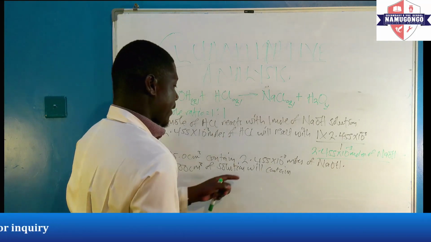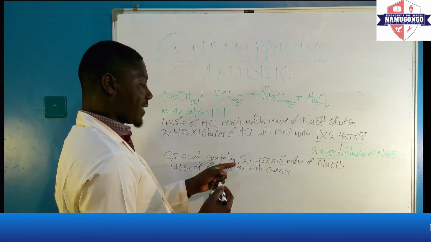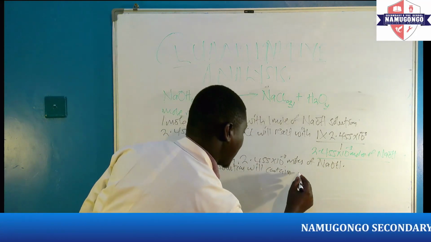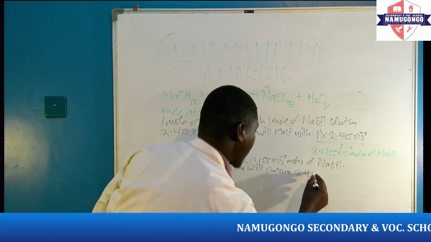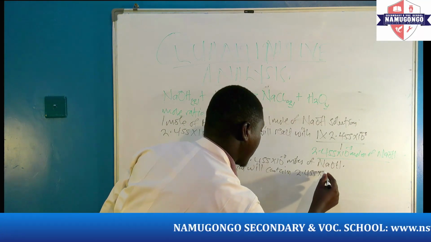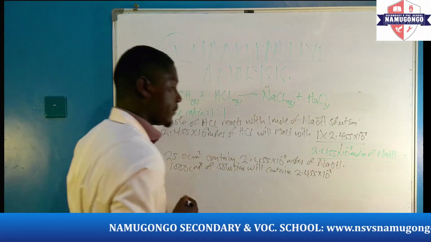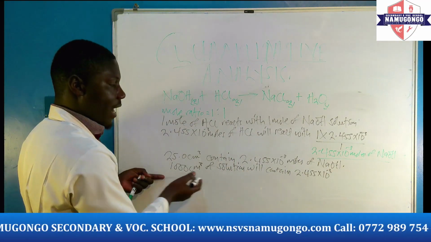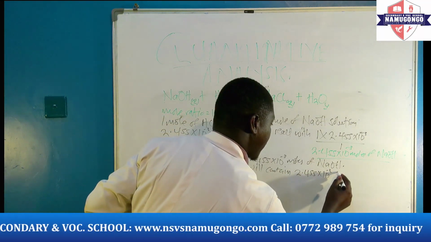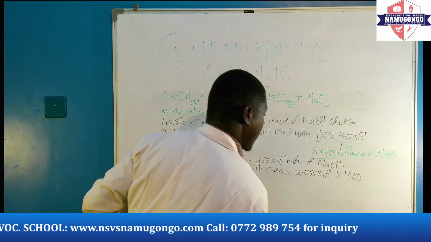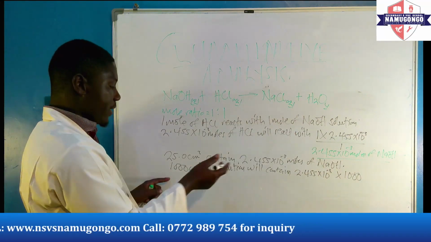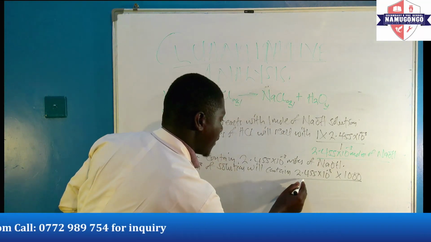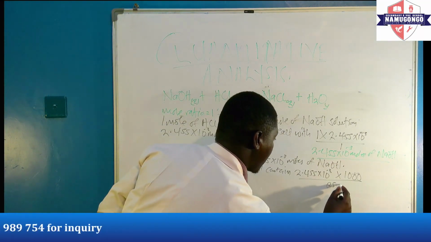We do the same procedure or pattern that we have been using from above. Record this value first, which is 2.455 exponent negative 3. Then we multiply with the same value on the same line, which is times 1,000. And then we divide with the first value up here, divided by 25.0.